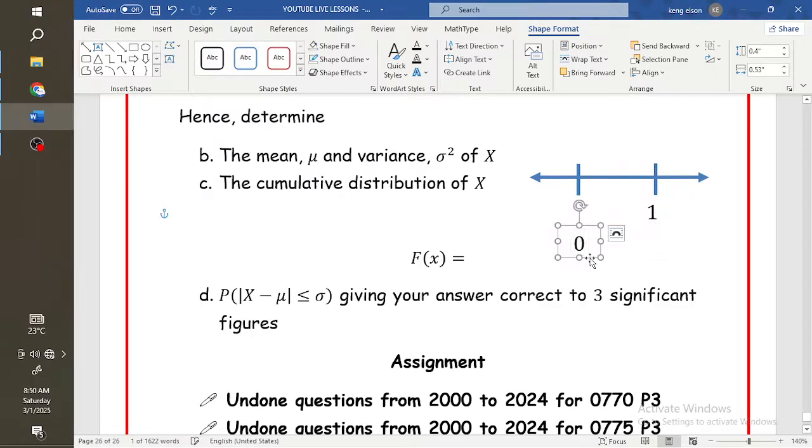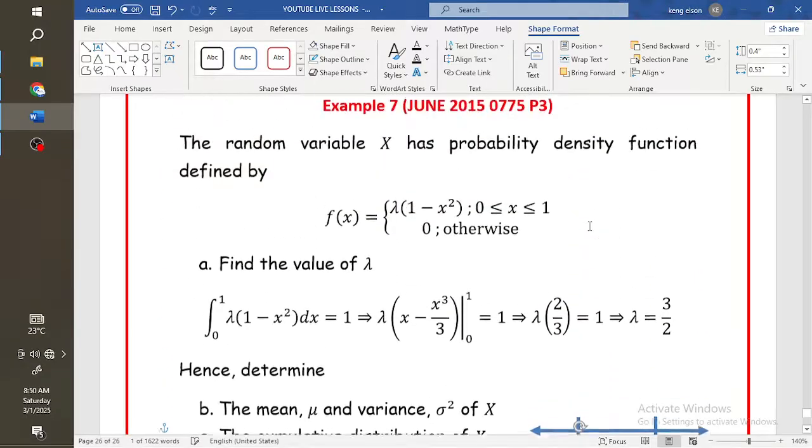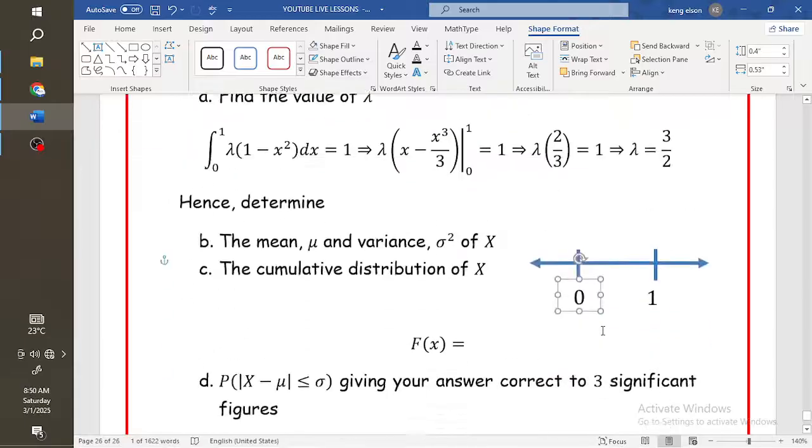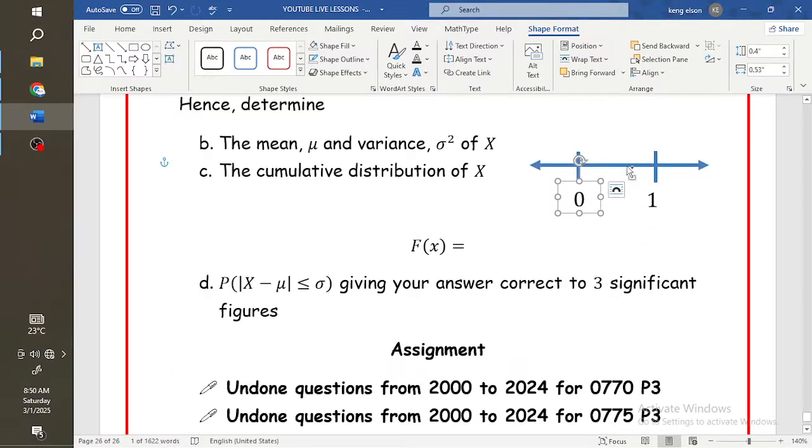Okay, now you see that since my F of x is the integral from minus infinity to infinity, that is why I started by drawing a real number line. Now we see that we can easily identify 3 different intervals on this number line. The first interval is from minus infinity to 0.